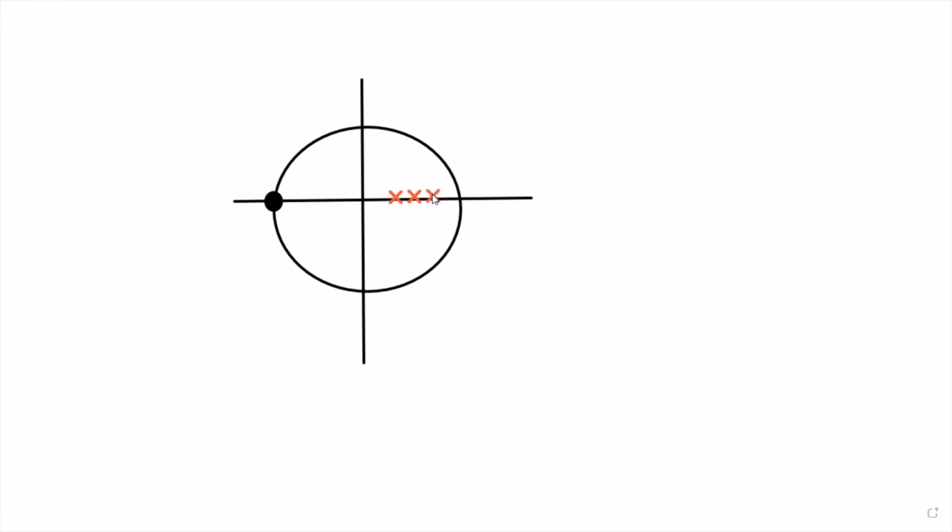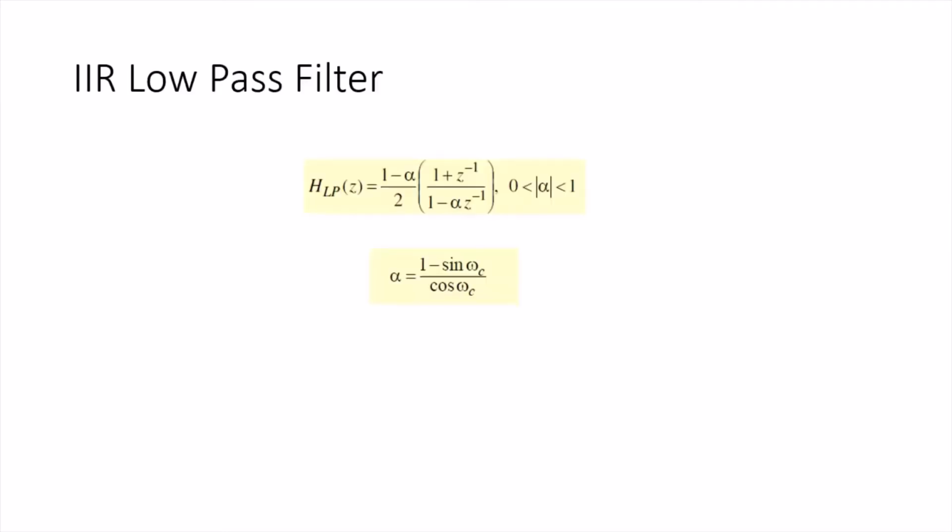Keep in mind the stability concept. The pole should lie strictly inside the unit circle, so you can easily control the value of the pole and improve your cutoff frequency by simply changing the position of this pole using this formula.